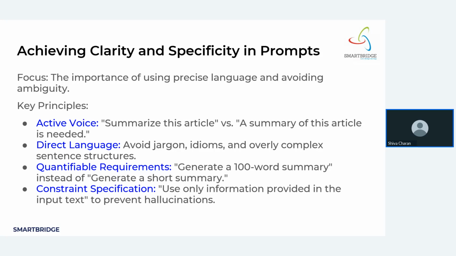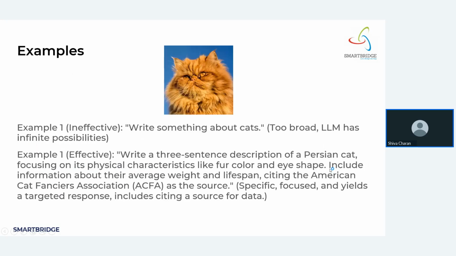Only the information provided in the input text should be used in order to prevent hallucinations. So this is a way to achieve clarity and be very specific in the prompt. See the example.